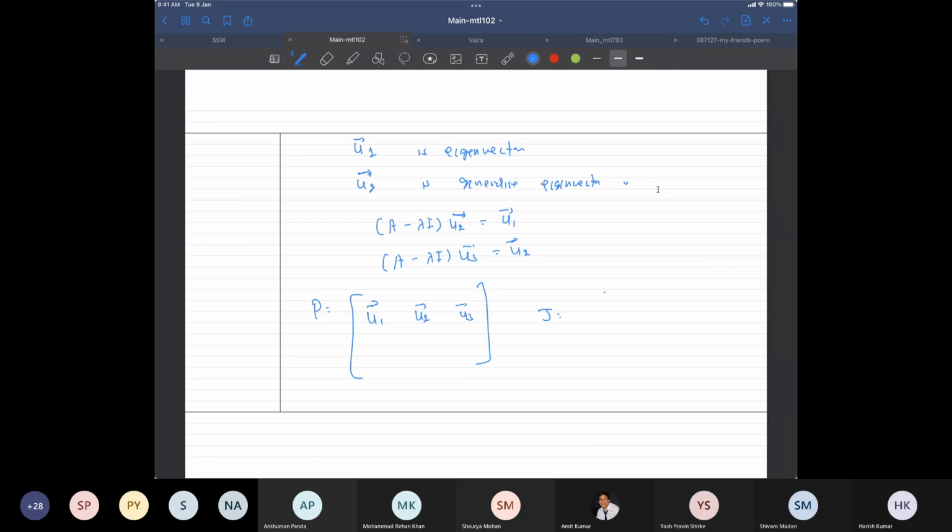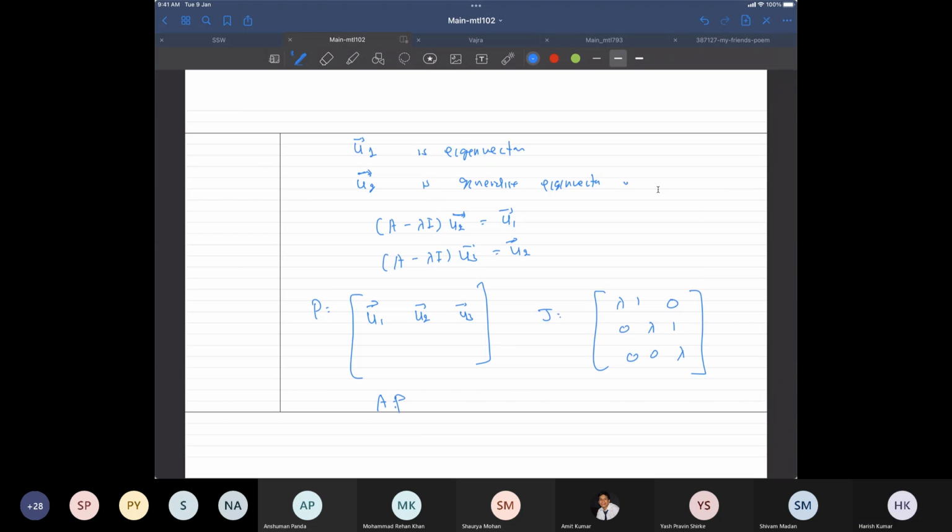J will be lambda 1, 0, 0, lambda 1, 0, 0, lambda. Okay, and A is your matrix.